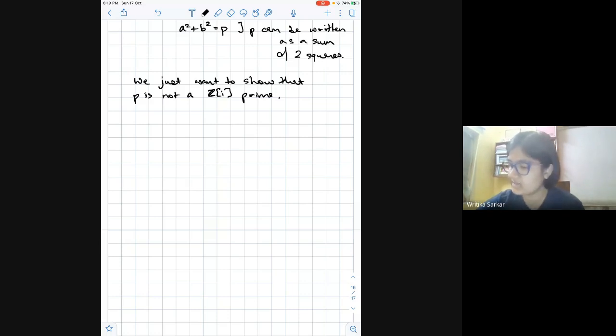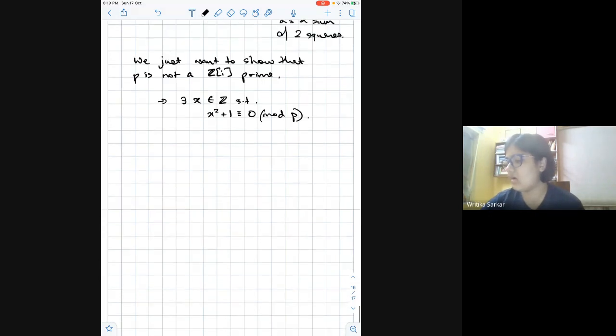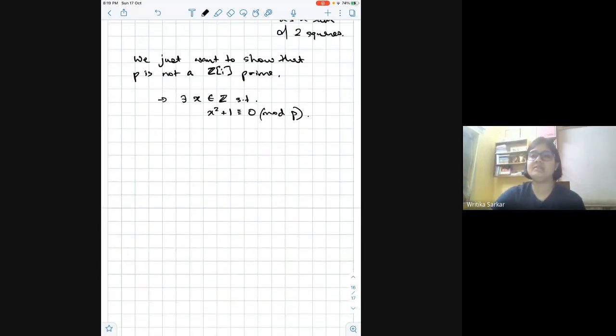All right. So more specifically, the idea is that we want to show that there exists some x in the integers such that x squared plus 1 is congruent to 0 modulo p, right? Can we do this easily? I think in a previous session on number theory, you would have seen this proof.